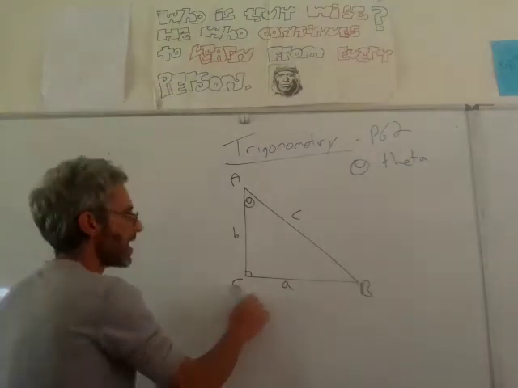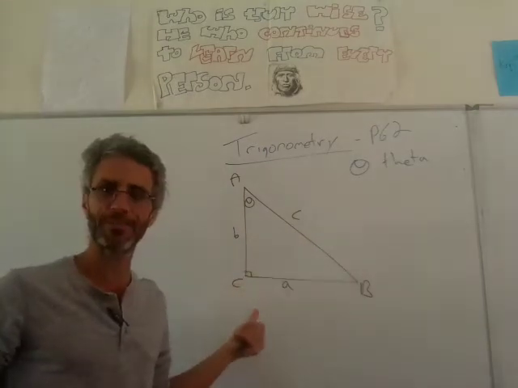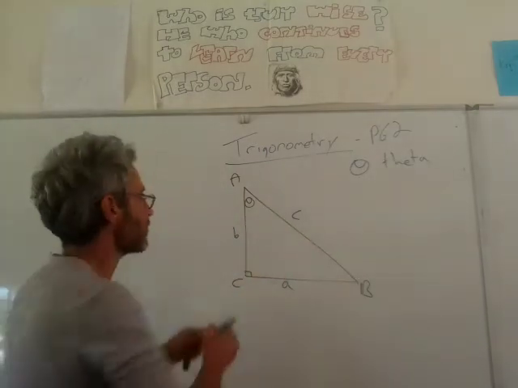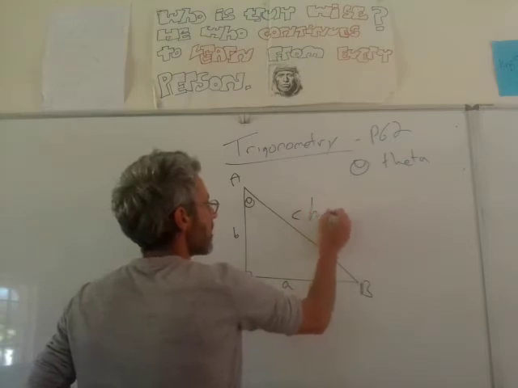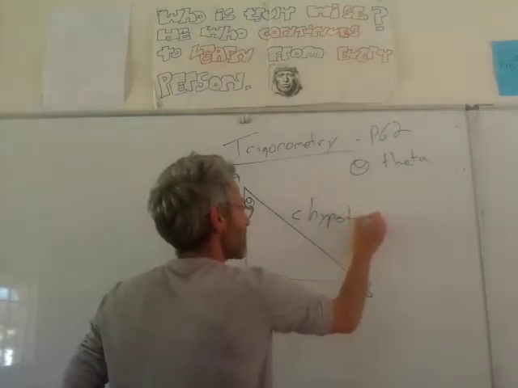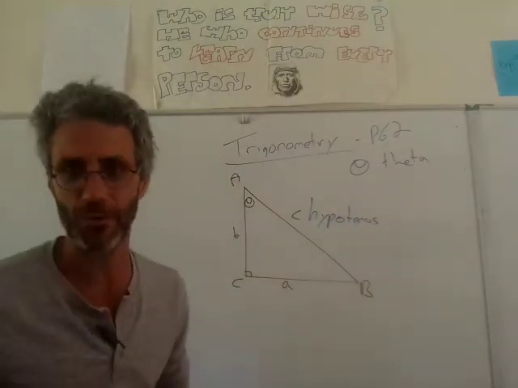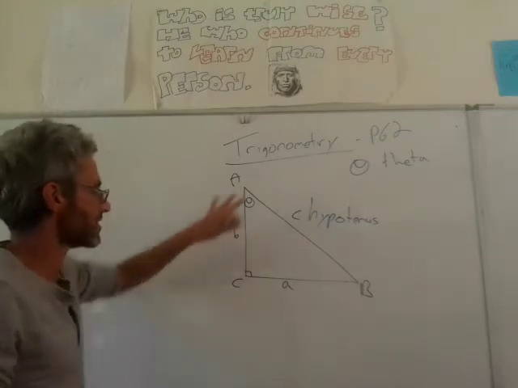Now, let's remind ourselves, what do we call this side, which is opposite the 90 degrees? The hypotenuse.